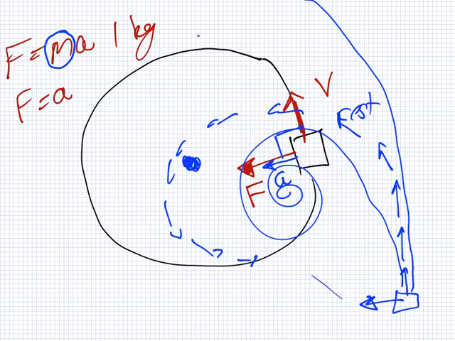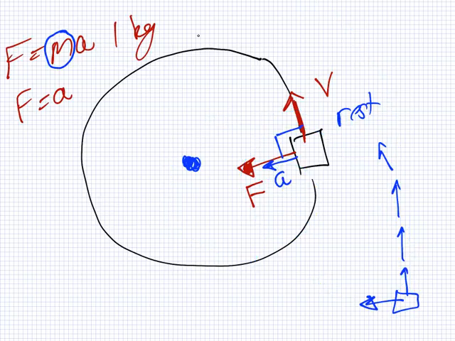Which makes sense if you think about it. If you enter the roundabout going slow, but you still turn the wheel the same way as if you were going fast, you'll go to the center. And if you turn the wheel the same way but you're going too fast, what will happen?